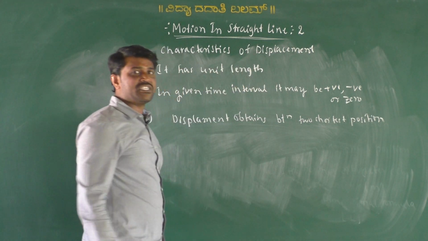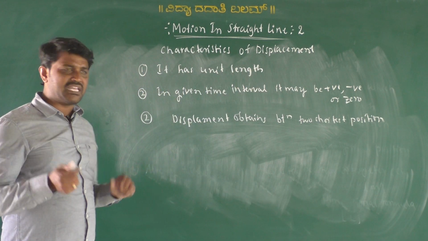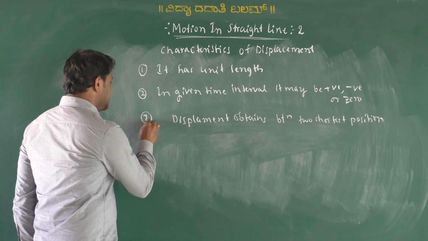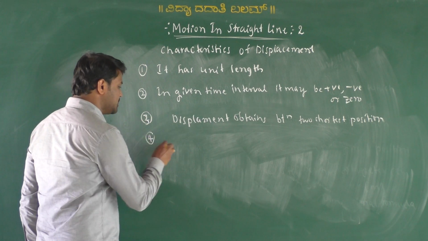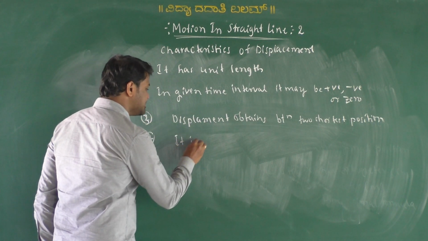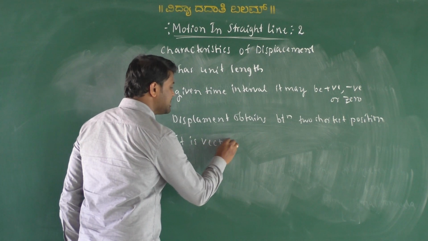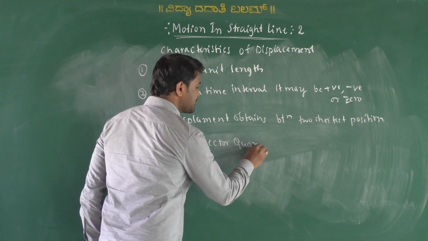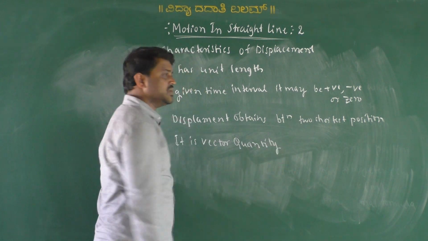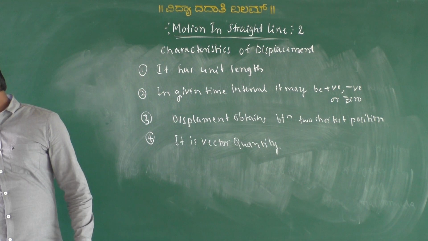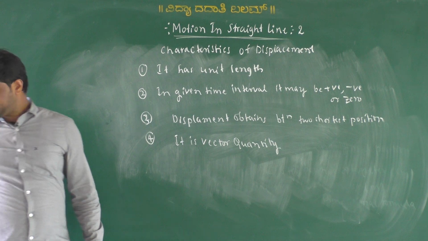This shortest position ನಾವು ಮೆಜರ್ ಮಾಡ್ಬೋದು, ಅಳಿಬೋದಲ್ವಾ. ಸೊ ಹೀಗಾಗಿ then it can be measurable, so therefore it is going to be called as a vector quantity ಅಂದ್ರೆ ತಪ್ಪಾಗಲ್ಲ. So these are the characteristics for a displacement.